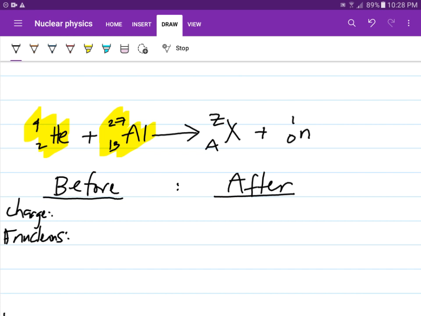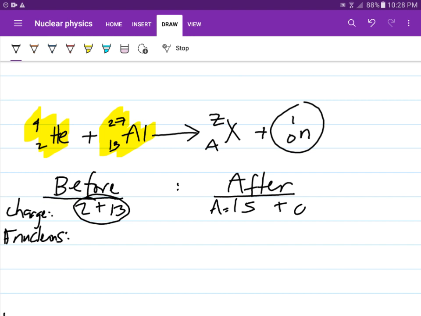Plus 1 neutron. By conservation of charge, before the reaction we have 2 protons from the alpha particle plus 13 protons from the aluminum nucleus. After the process, since the neutron has 0 charge, this should have 15. So we know the number of protons is 15.